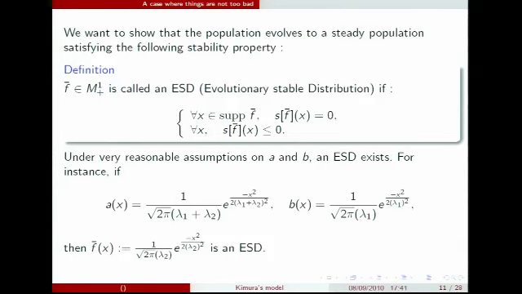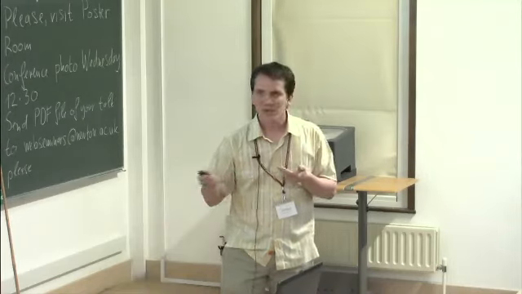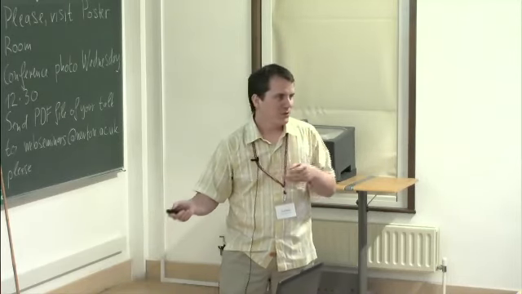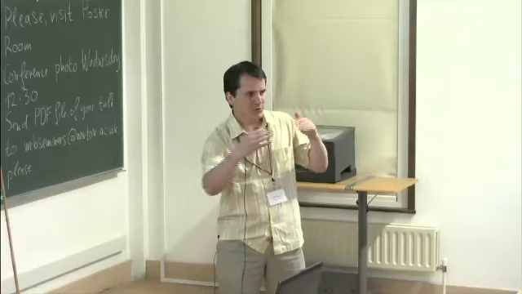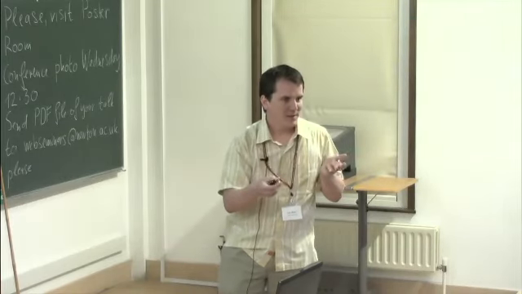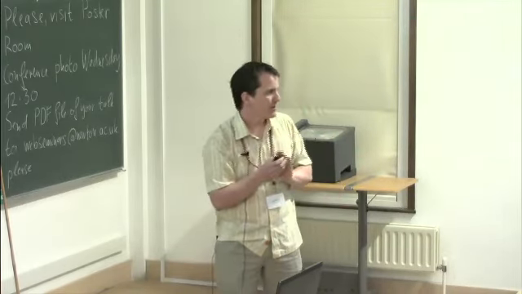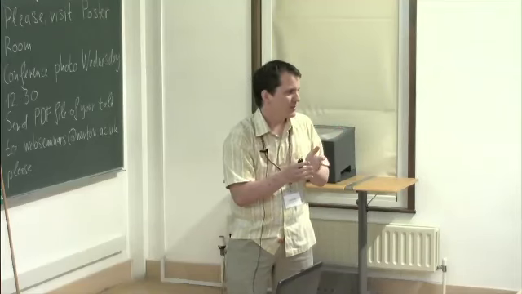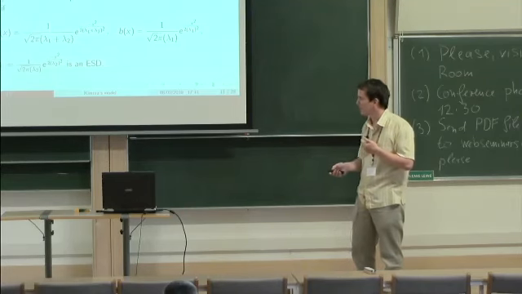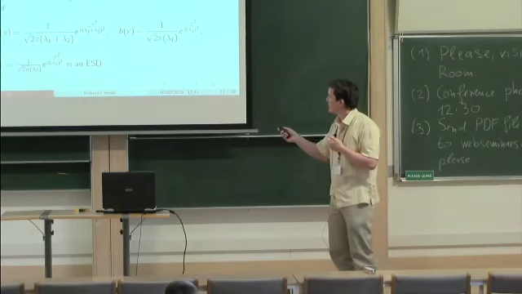And indeed, the biologists know this very well. They have computed this, and it is kind of a problem because f bar here is not a sum of Dirac masses. In the simulation I showed before, you saw that the population converged to 1, 2, or 3 Dirac masses that we could interpret as different species. But here we have a continuum, so it's not really clear what it means biologically.